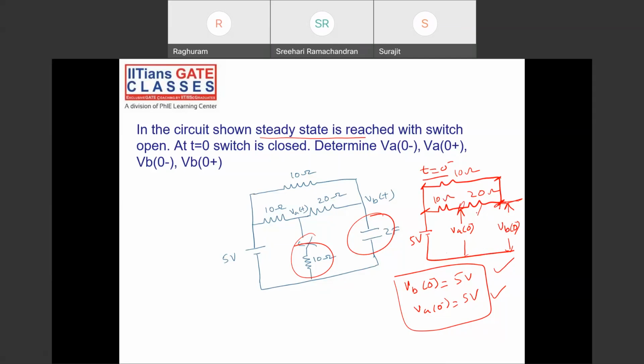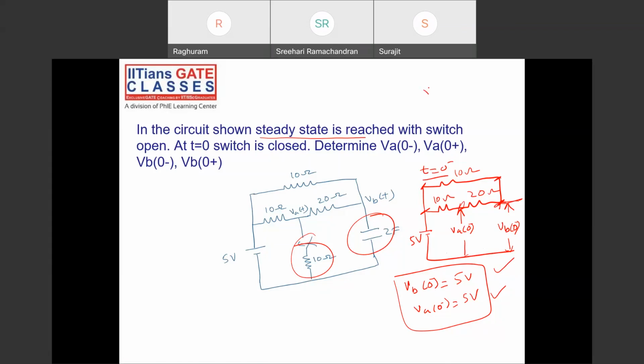You'll get 5 volts. Understood how VA of 0 minus? Because it's an open circuit, the voltage will appear across all. It won't be 0 for sure, and there won't be any voltage division because no current is flowing.